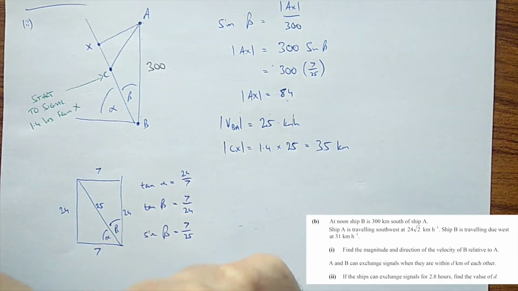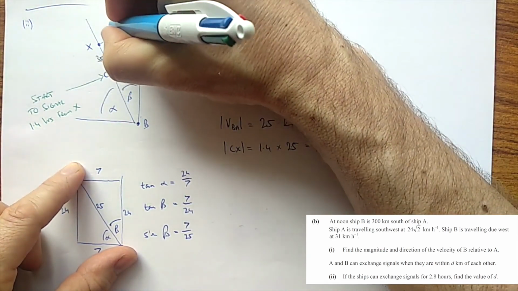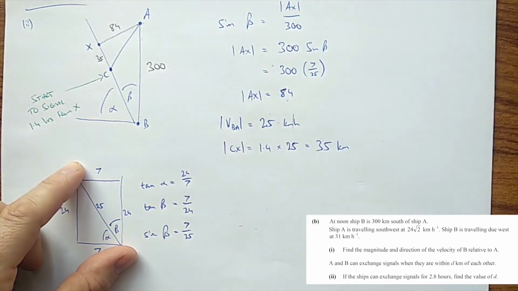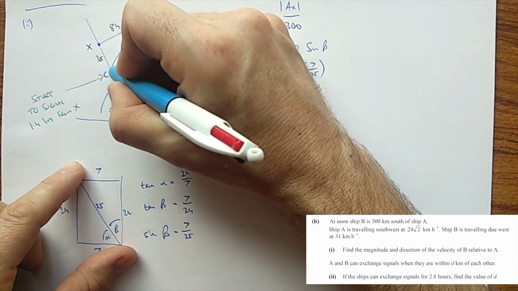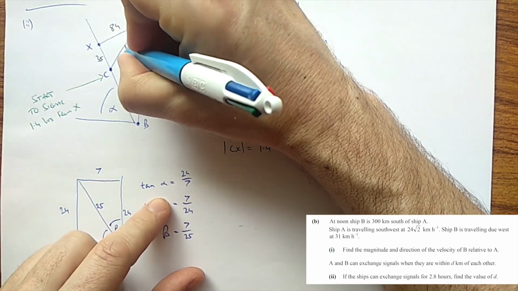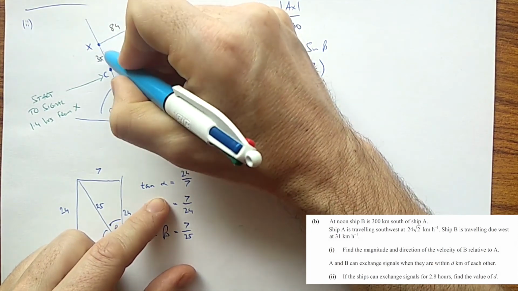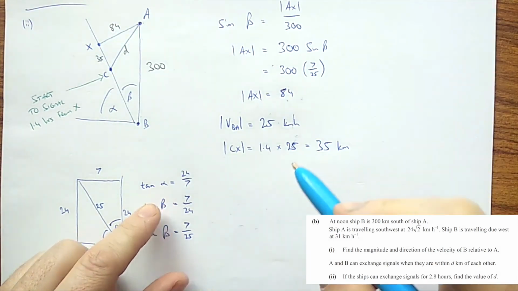Pop that into a little drawing here. 35. Actually, we know this one is 84. So what are we looking for in our question? Let's go back and double check this one. When they're within D, and of course, this is D here. From A to C, this is the point at which they can begin to exchange signals. Well, we have 84, we have 35. D is nice and straightforward to get then.